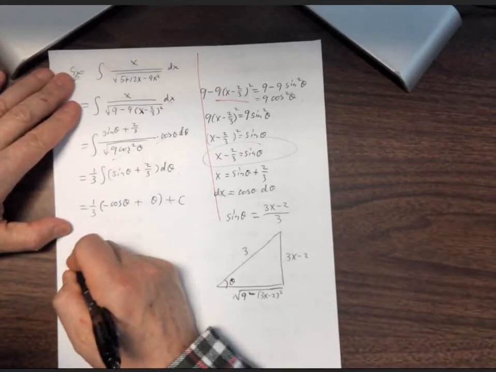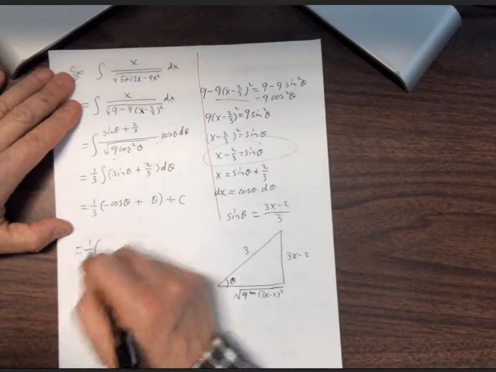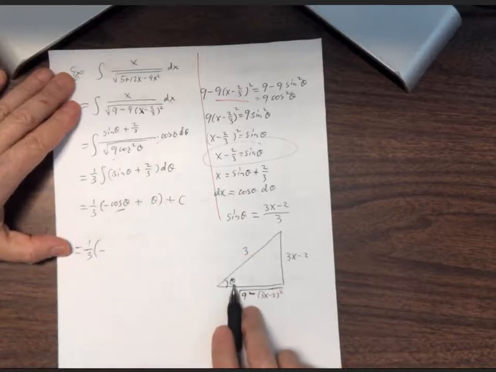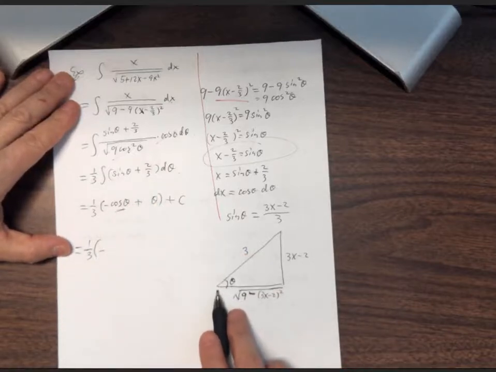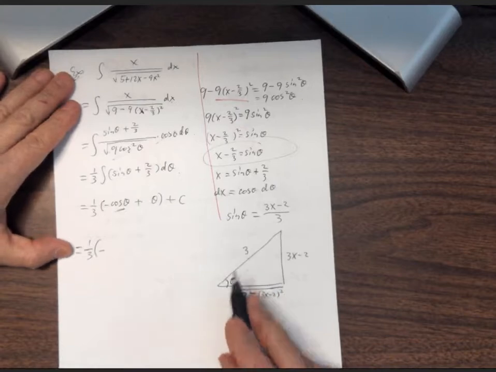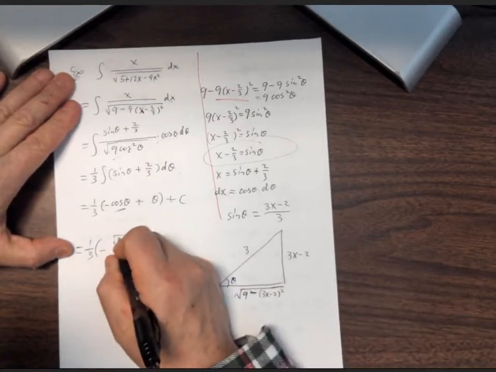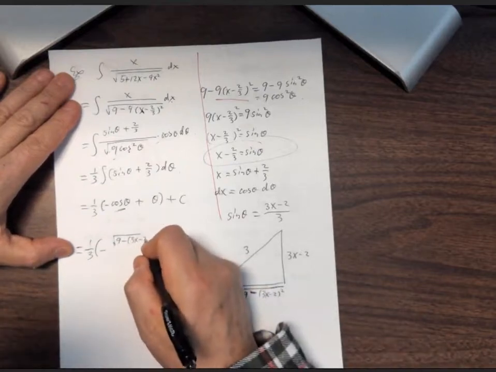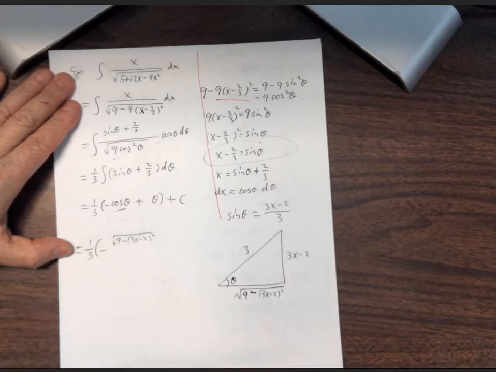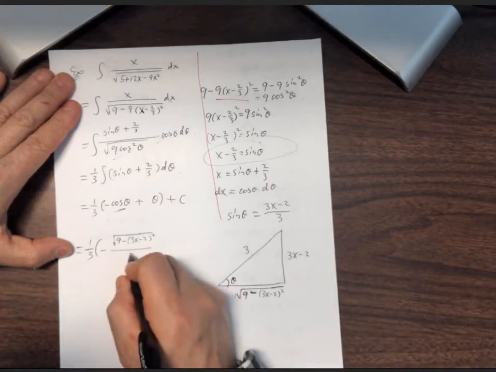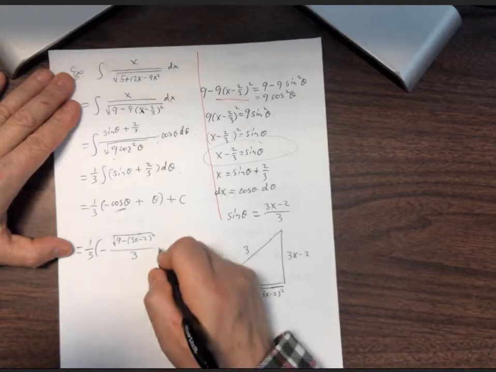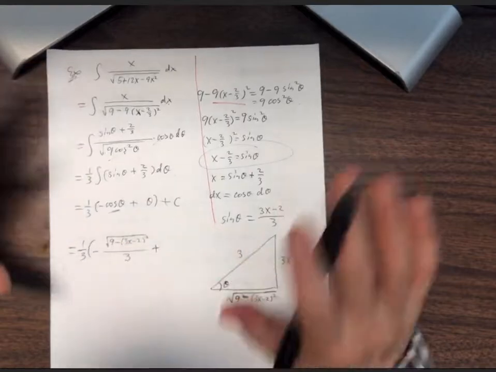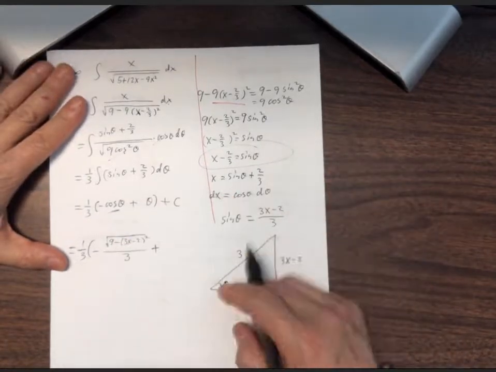Now back into our answer. In theta, we see the cosine, according to our triangle, is going to be this radical, square root of 9 minus (3x minus 2) squared, divided by 3, adjacent over hypotenuse. And the theta, where theta is outside any trig expression, cannot use the triangle to do it.